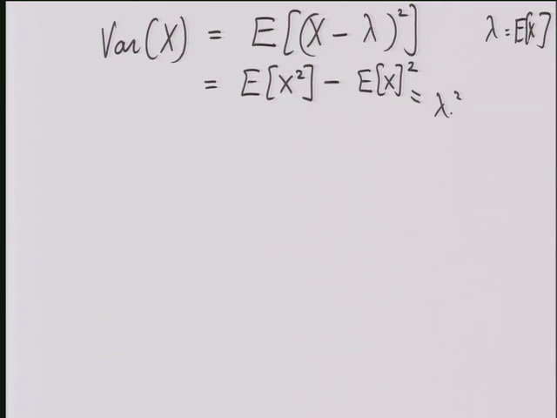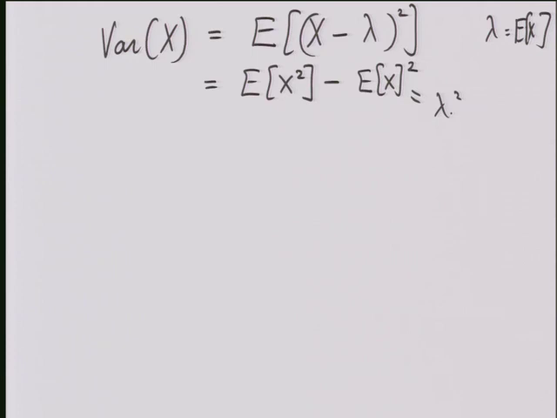Okay. So now from that formula, all we need to do is figure out the expected value of x squared. Okay, that's all we need to do. How hard can that be? Okay, so let's compute.